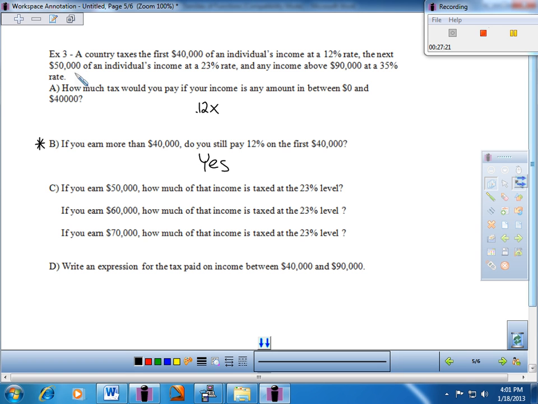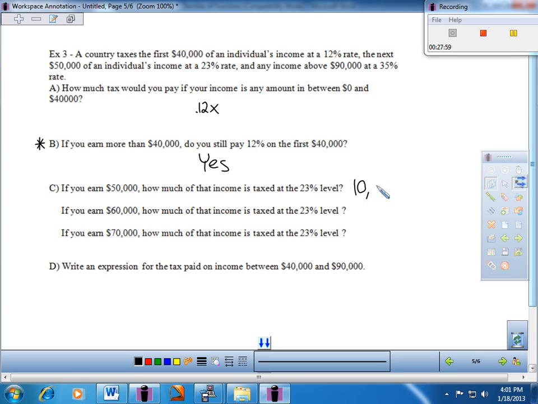So let's break this down a little bit. Knowing that you pay 12% on the first 40,000, what happens when we start to make more money than $40,000? Let's go in and see. If you earn $50,000, how much of that income is taxed at the 23% level? Not all of it. Remember, the first $40,000 is taxed at 12%, only the money above it.